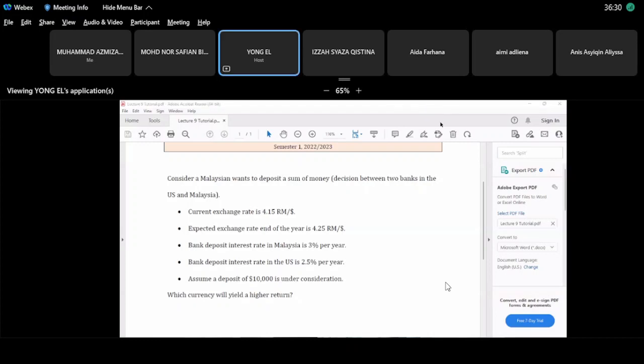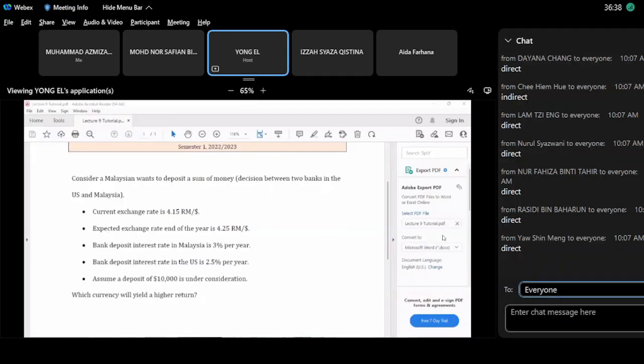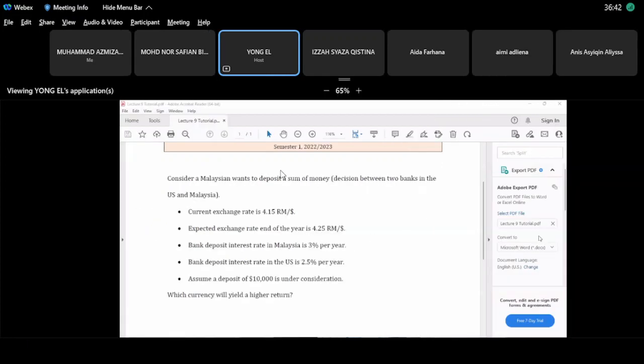I just opened the chat room here to see how many responses. Quite a number of you have responded. Some say indirect, some say direct, but most of you say direct. Yes, the correct answer is direct, because it says how much local currency you need in order to purchase $1. That is a direct quotation of the currency exchange rate.